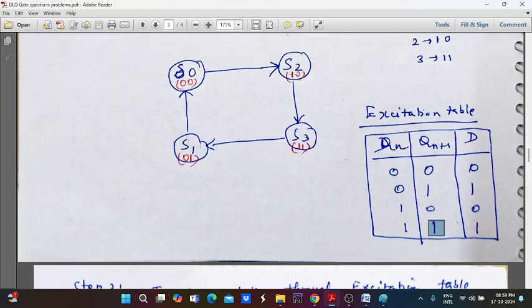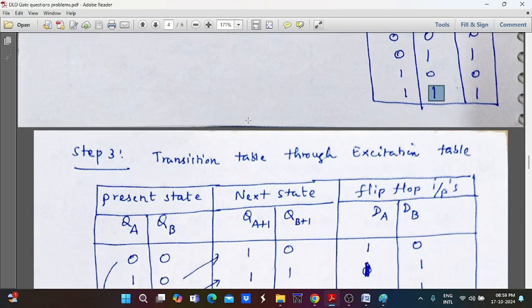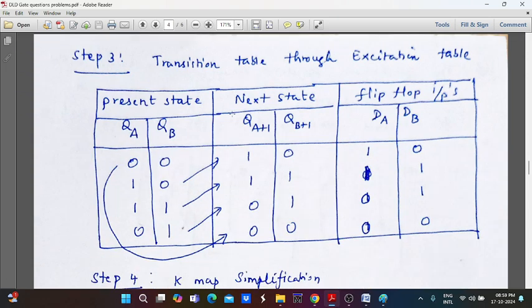The corresponding inputs for these two flip-flops are assigned as DA and DB, because the flip-flop A input is DA and the flip-flop B input is DB. The present state values are QA and QB, for the first flip-flop and the second flip-flop.